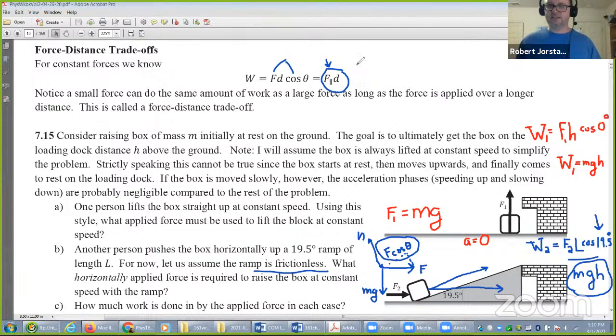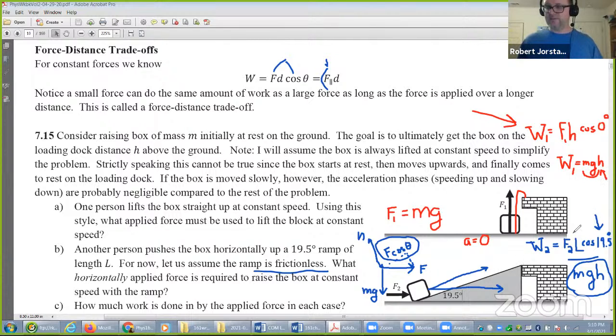The short distance, the red path or the upper path, 1, that's just a direct shot. Just lift it up and put it right on top. Well, that's great. You need to exert this force, mg, over just this small distance h.